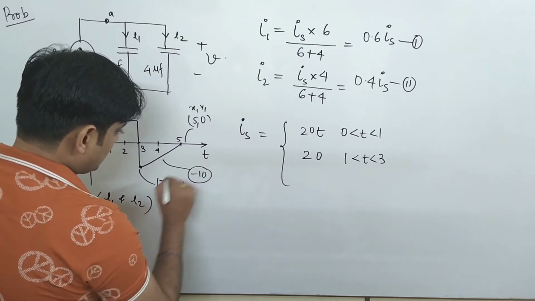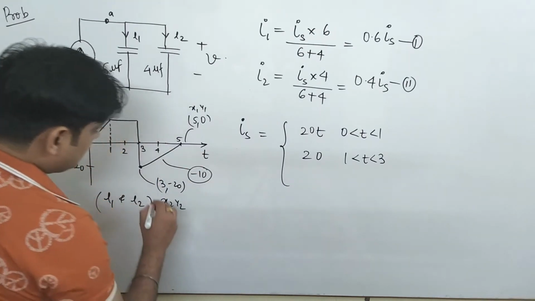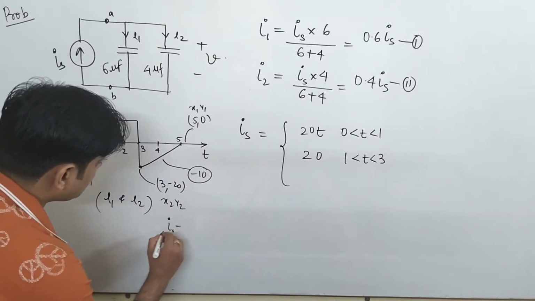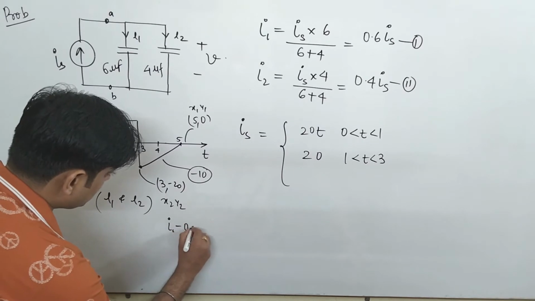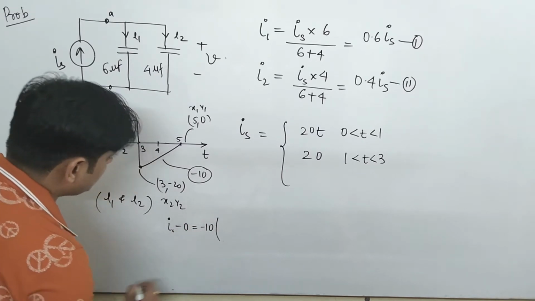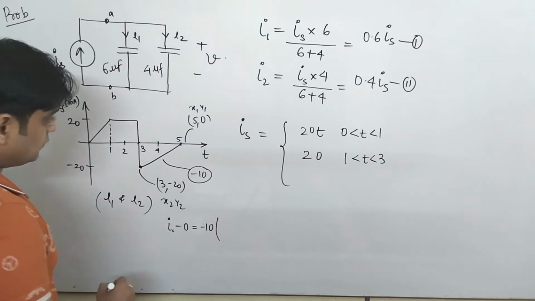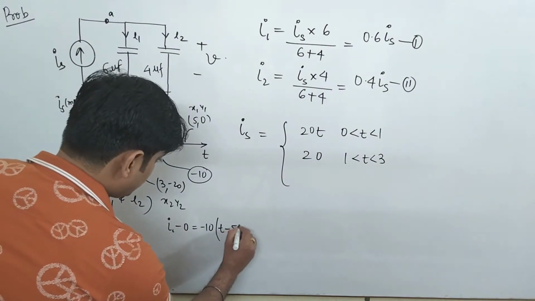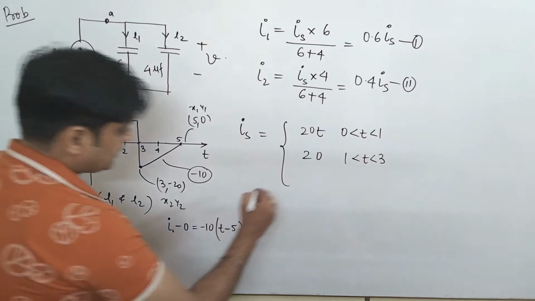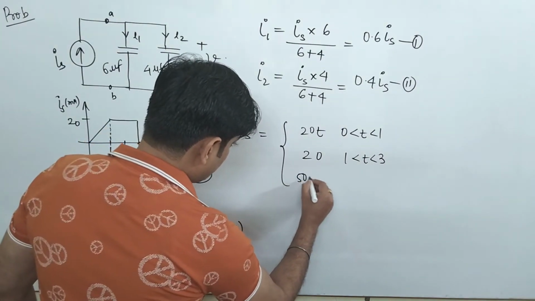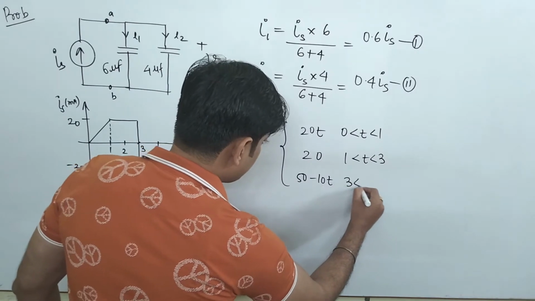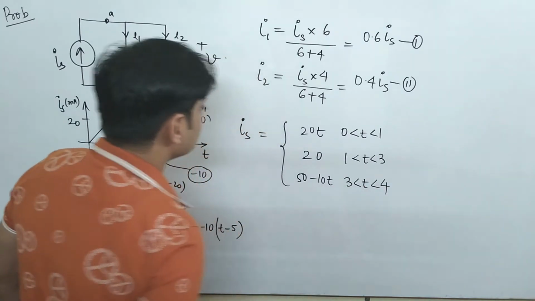This slope comes to be minus 10. So y minus y1: IS minus 0 is equal to minus 10 into t minus 5. So from here you can say it is 50 minus 10t. It is between 3 to 5.